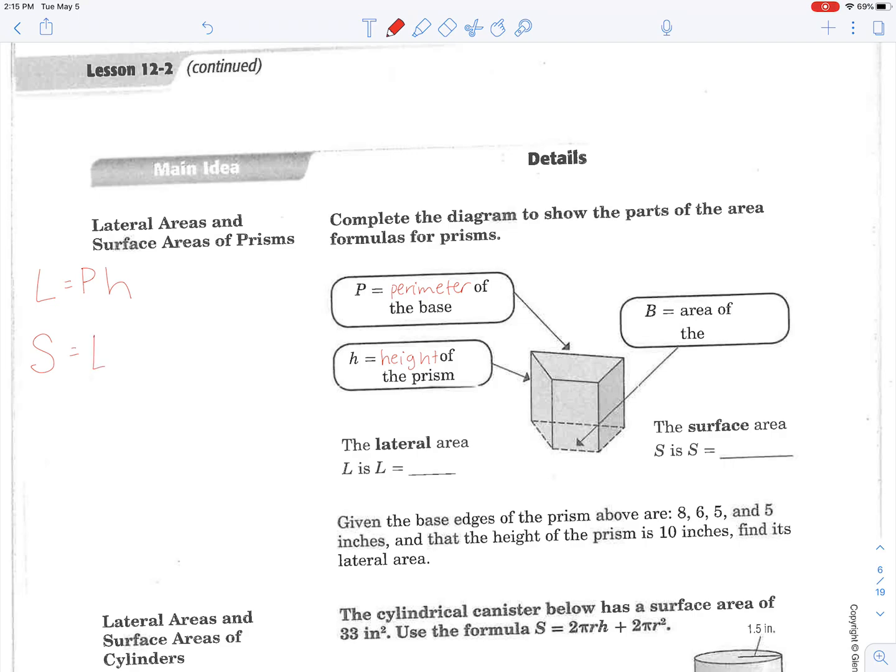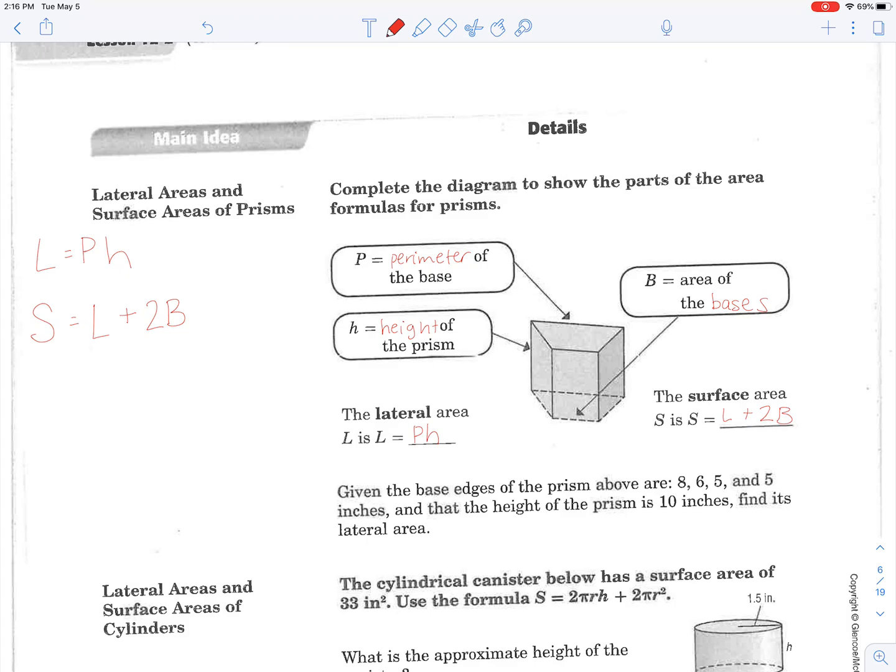That means I have my lateral area, but I have to add the area of the bases. Well, in a prism, we have 2 bases. So B stands for the area of the base. Lateral area would be the perimeter times the height, and the surface area is the lateral area plus 2 times the area of the base.